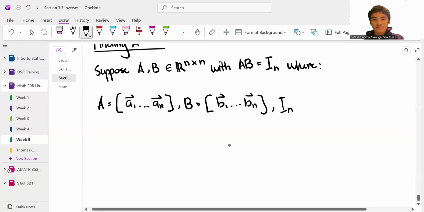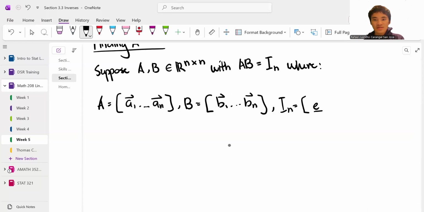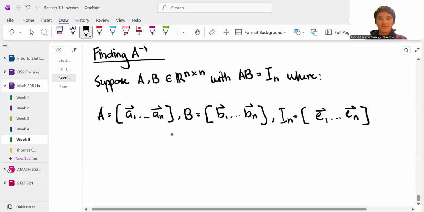I sub n could be written as the E, which is what we call it in linear algebra, right? The E sub 1 all the way to n.